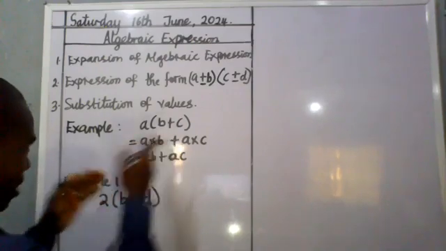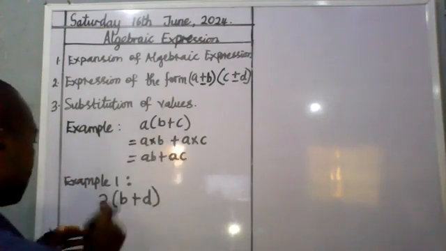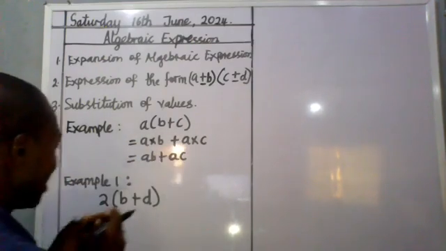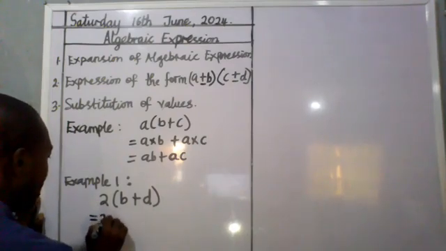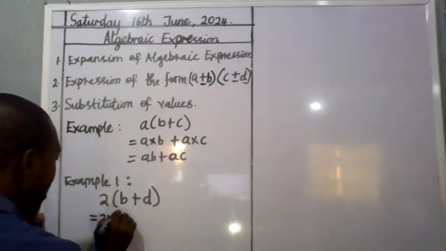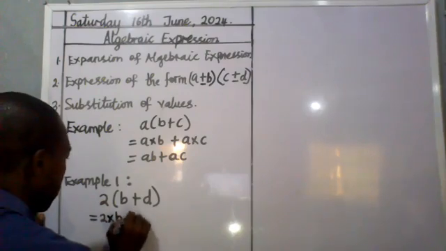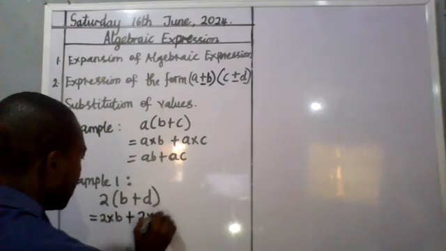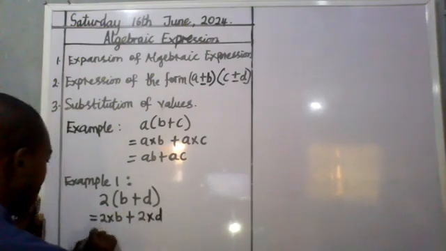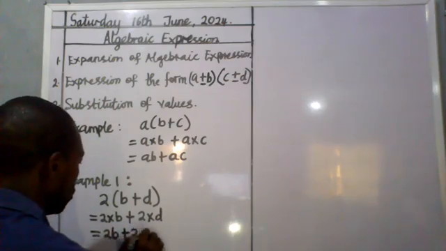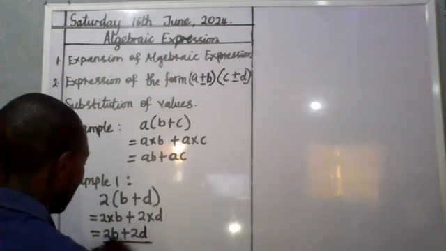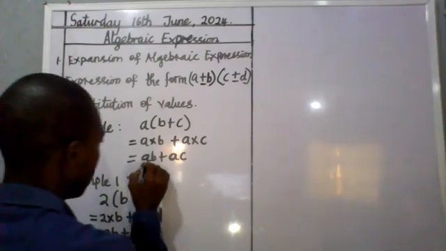Applying this step or this method, I'm going to do it this way: 2 times B plus 2 times D, and that gives me 2B plus 2D, and that ends it. Okay?